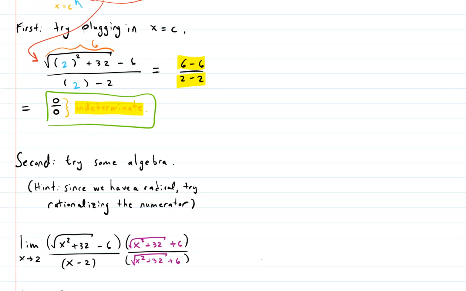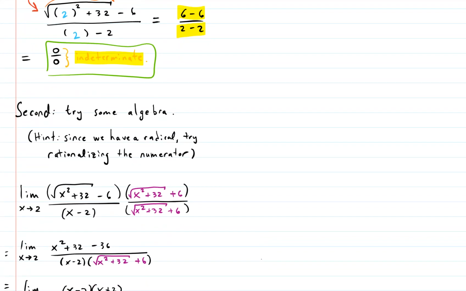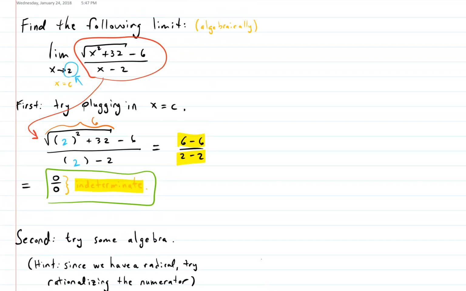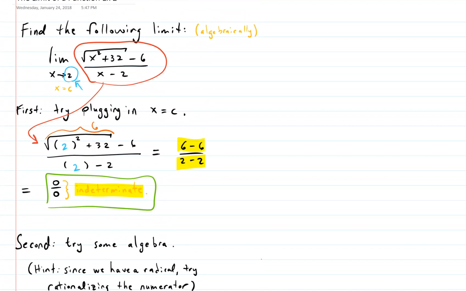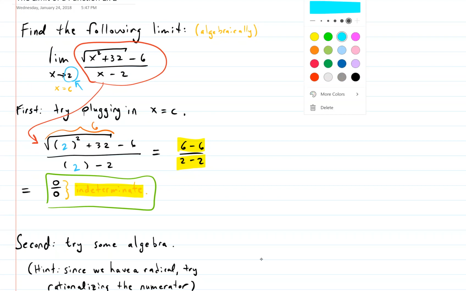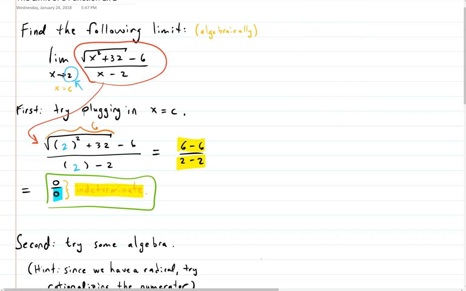So if we get 0 over 0, then we need to try some algebra. Notice the issue: having 0 as a limit is perfectly fine, but having 0 over 0 is a problem. The real issue here is this 0 in the bottom, and that comes from the x minus 2.